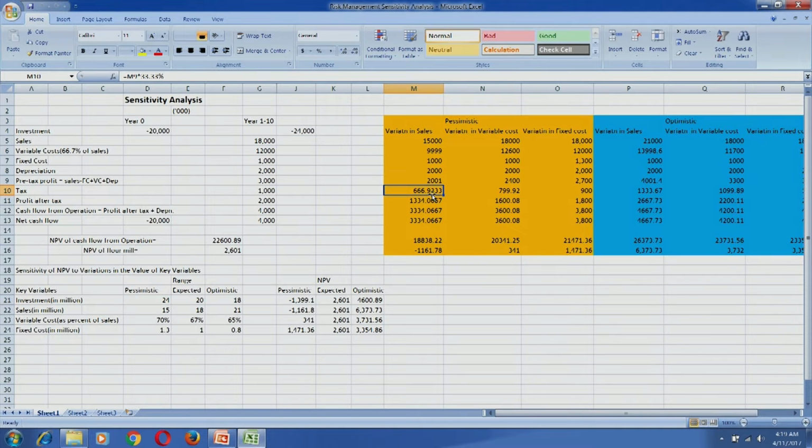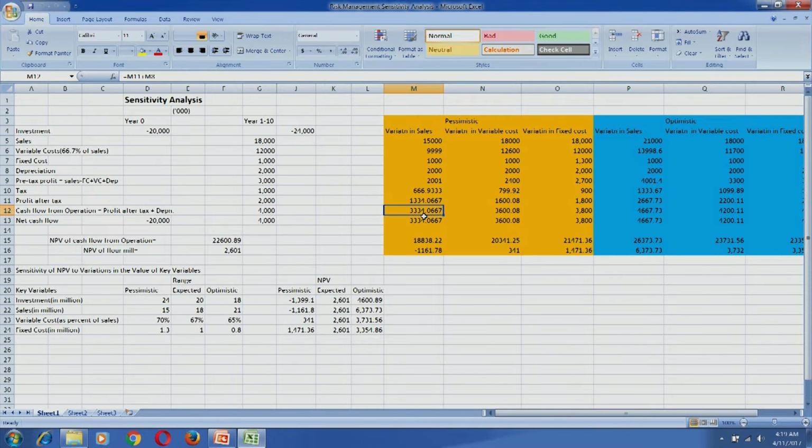Tax is this much, 666.93. Then profit after tax is very simple, subtract tax from pre-tax profit, right. So, you will get profit after tax.